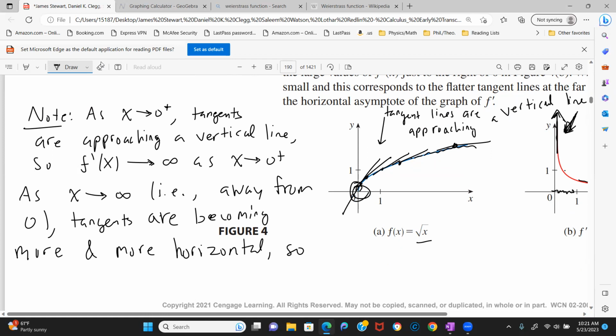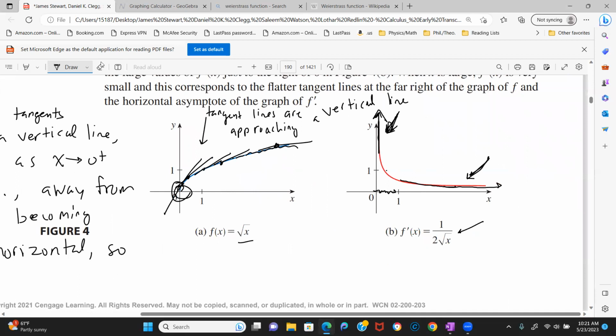And horizontal means zero slope. So that means that the derivative f prime of x should be going towards zero. And that's exactly what you see over here.